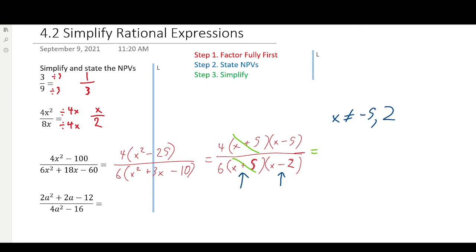And in this case they do, if you divide by 2 for both. So that gives us 2/3, and then the leftovers, so x minus 5 and x minus 2. And that is our simplified fraction.